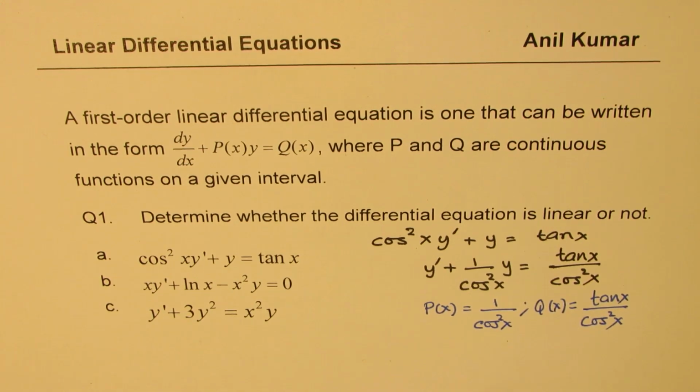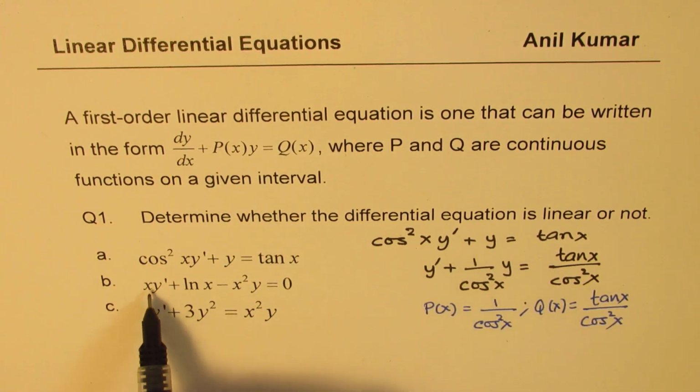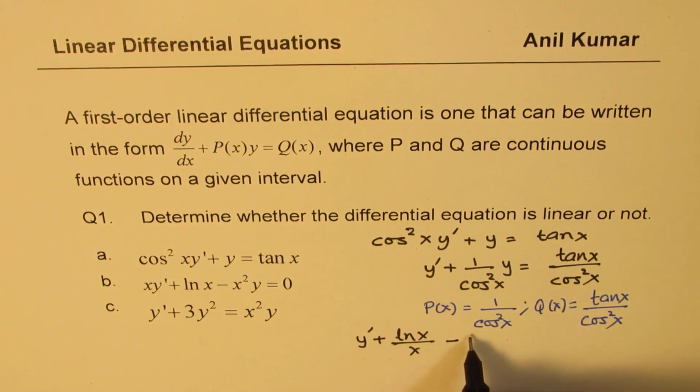Now let's look into the second one, which is x y dash plus ln x minus x square y equals 0. So let's try to isolate y dash now, the way we did. We'll divide everything by x. So what we have here is y dash plus ln x over x minus x square y over x equals 0.